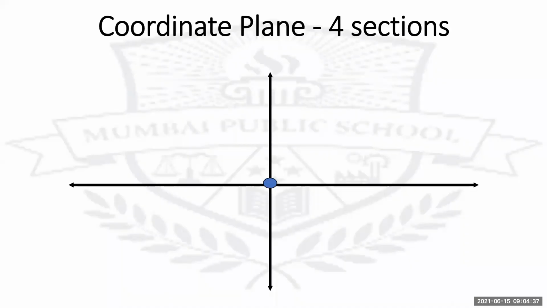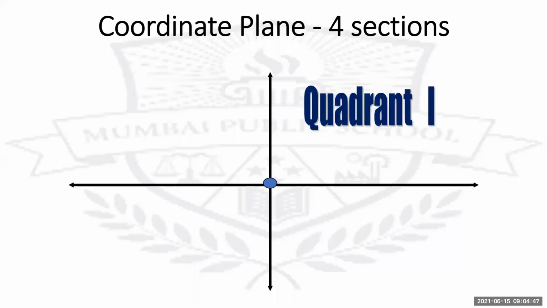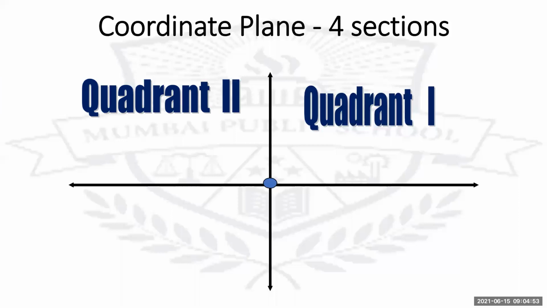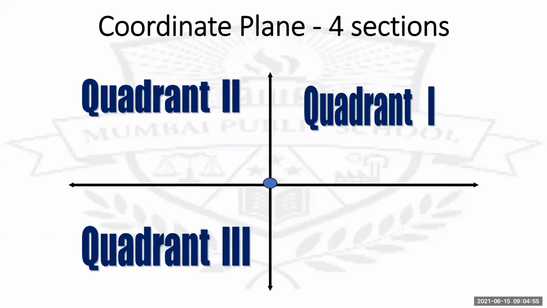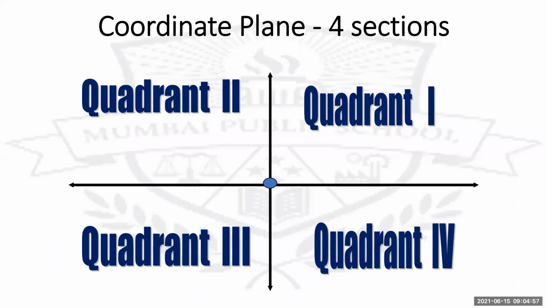Now this xy divides the coordinate plane into 4 sections, that is quadrant 1, quadrant 2, quadrant 3 and quadrant 4.